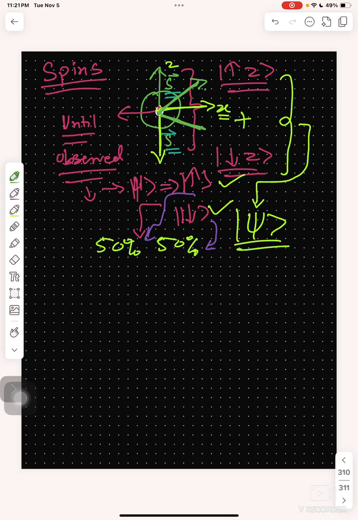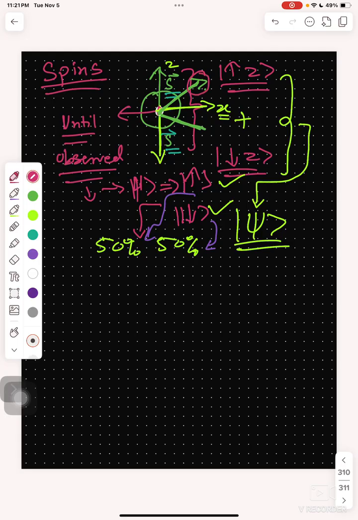It's in both directions, so half of them will be in the upper part and half in the lower part along the x-axis if we measure them.